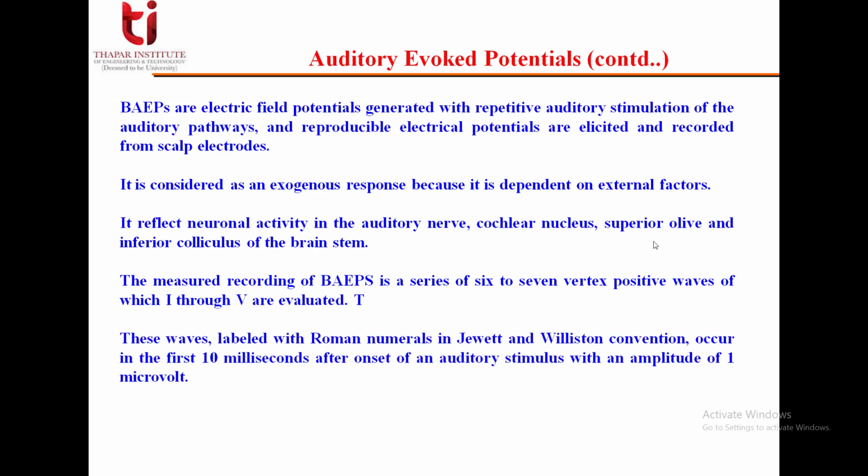These waves are labeled with Roman numerals in the Jewett and Williston convention, the standard convention, and occur in the first 10 milliseconds after the onset of an auditory stimulus with an amplitude of about 1 microvolt.